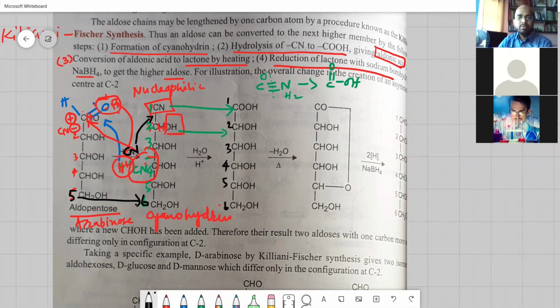Now, if you remove water, this actually exists like C double bond OH. That's it, right? So first carbon atom to fifth carbon atom link.